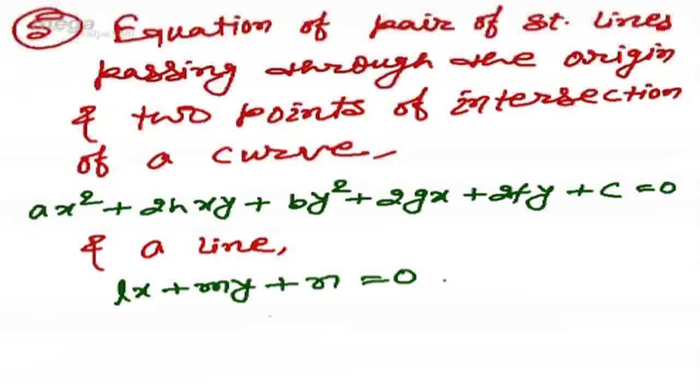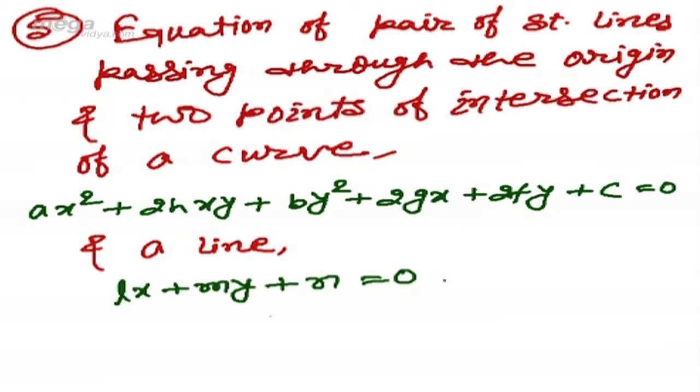Means this second degree curve and this straight line intersect each other at 2 points, and through those 2 points and the origin, two straight lines can pass. So what will be the equation of those two straight lines?